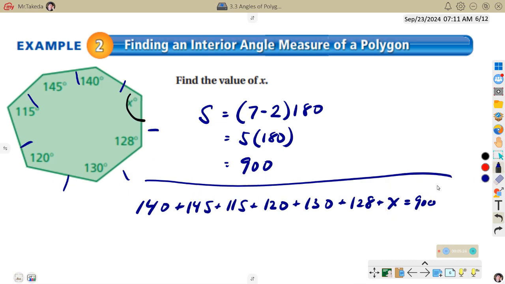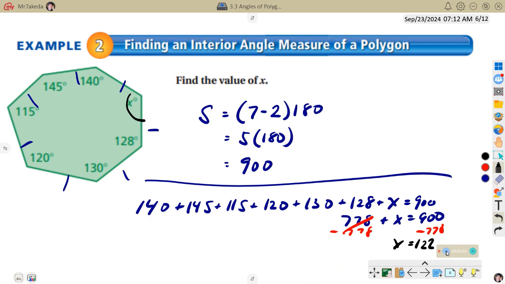All right, so I got it a little more cleared over. So 778 plus x equals 900. All right, so now I'm going to subtract 778 from both sides. So x will equal 122. Okay, so the value of x is 122.